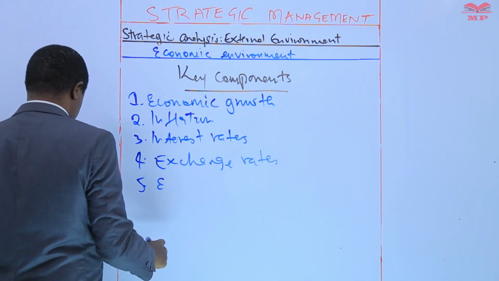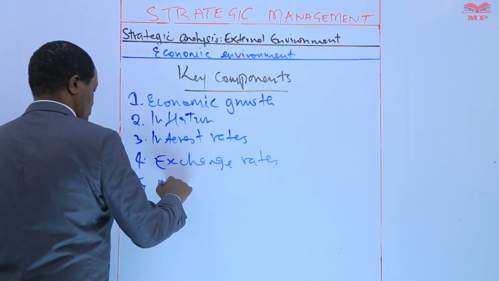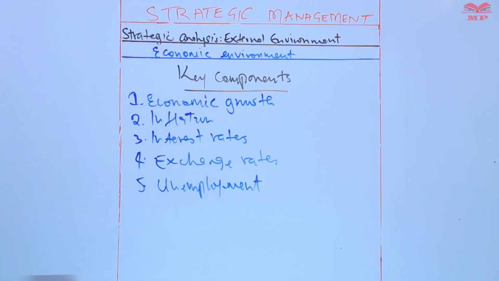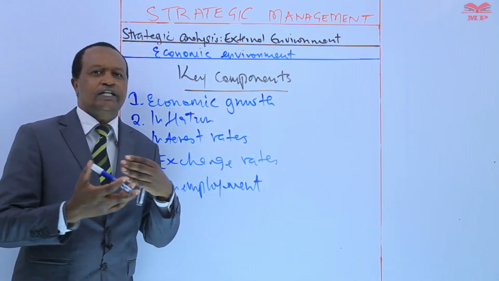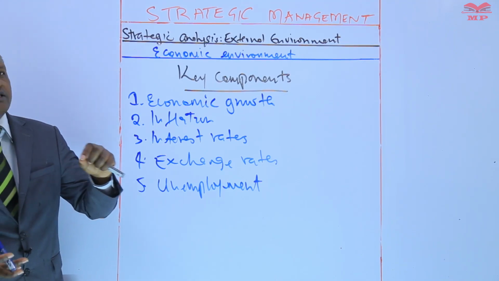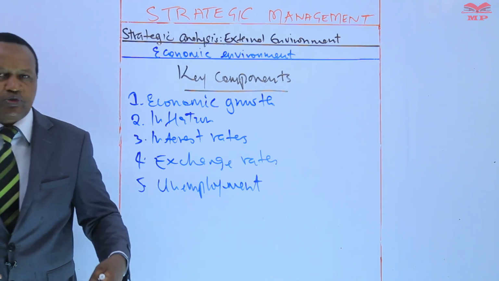Five, unemployment. Now, the unemployment rate reflects the percentage of the labor force that is jobless and actively seeking employment.